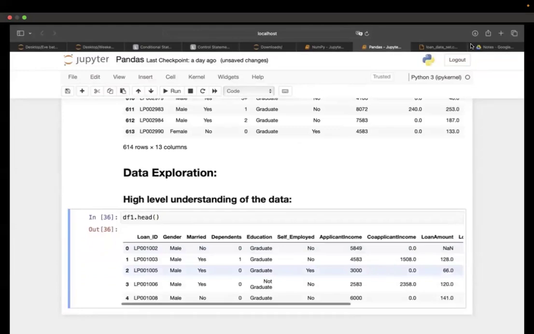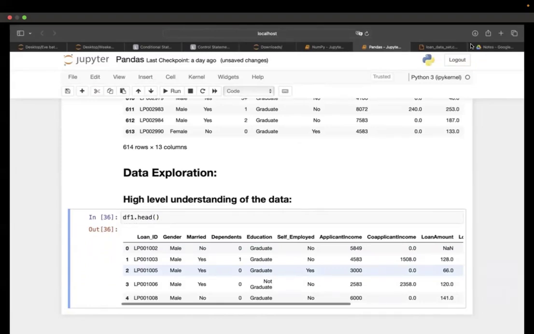What is head doing? The first 5 observations, right? The first 5 entries of the data. What is the reason behind that? Why do we check the first 5 entries or first 10 entries? To understand the type of features we are having.